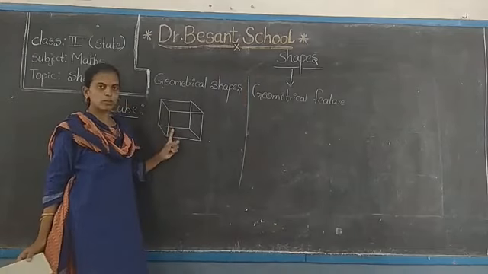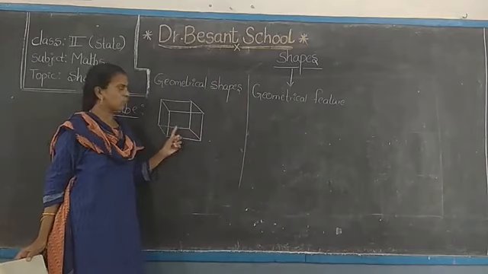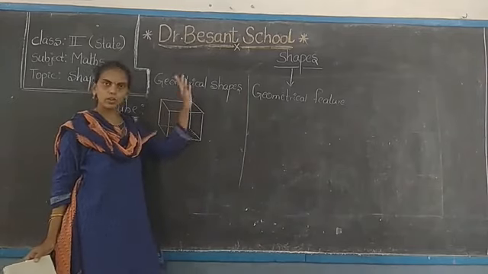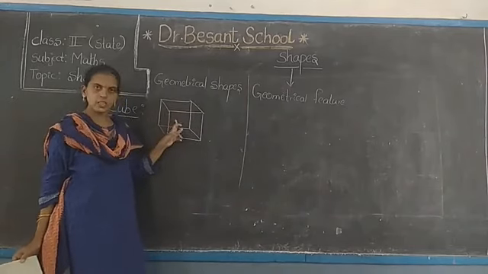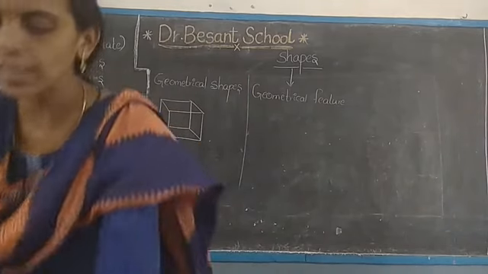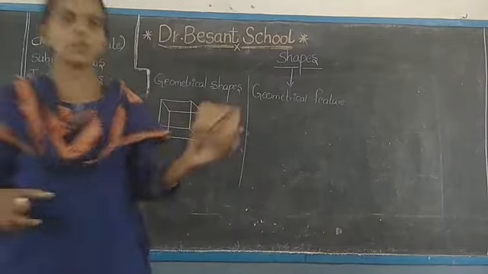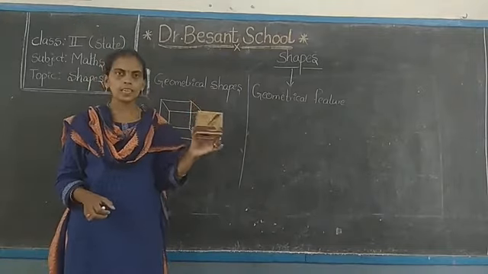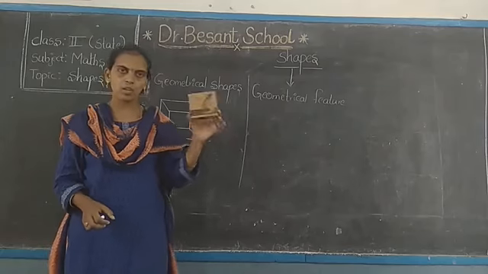This is the shape, the geometrical figure of a cube, and we are going to learn what features we find in this cube. Okay, I'll show you how the cube looks. Observe here. This is a cubical box.